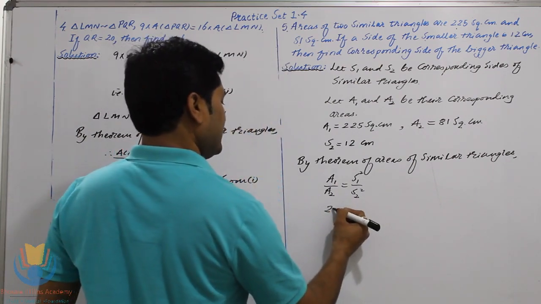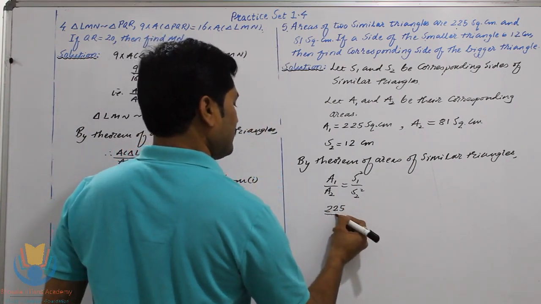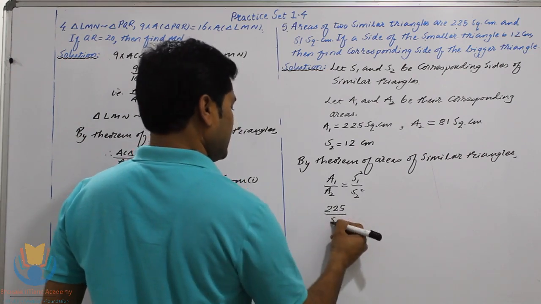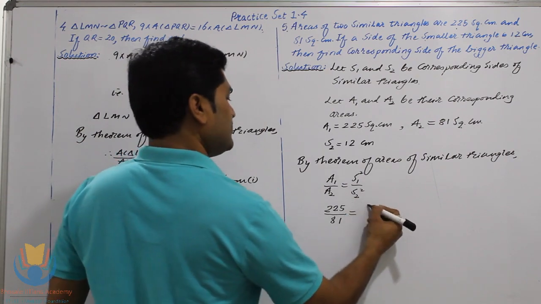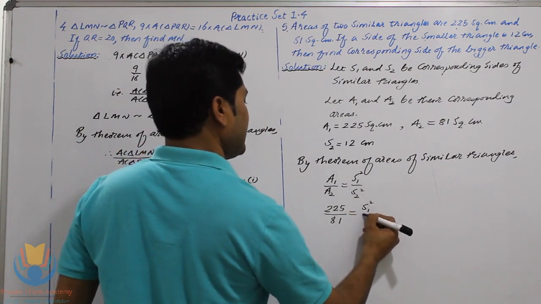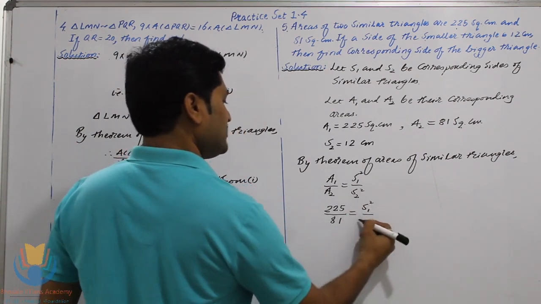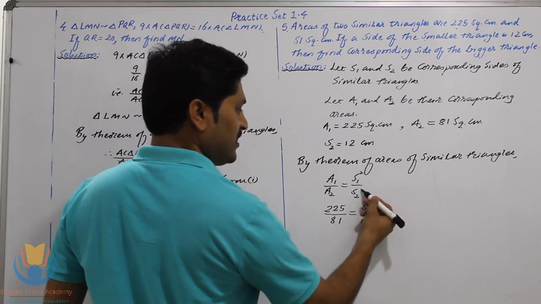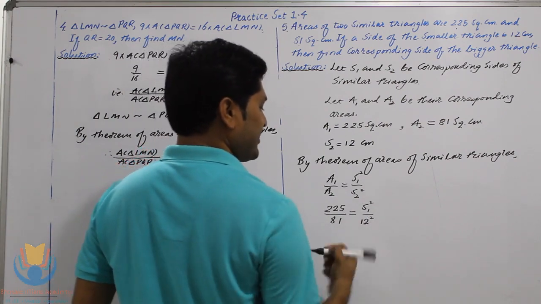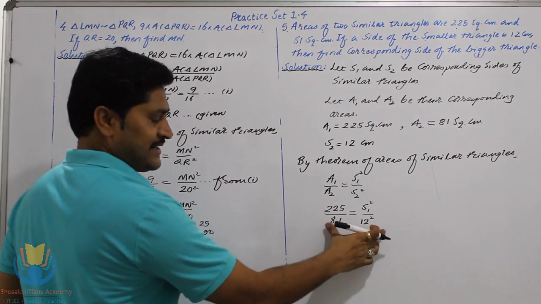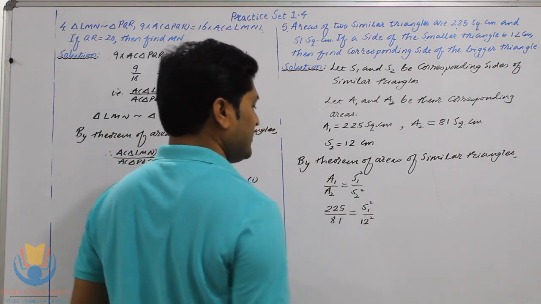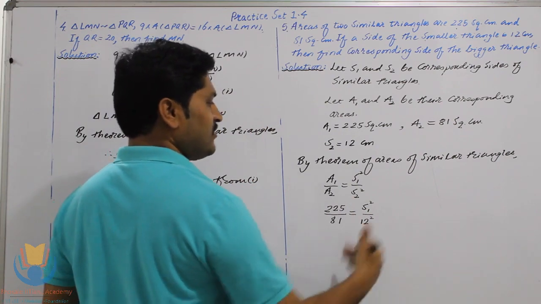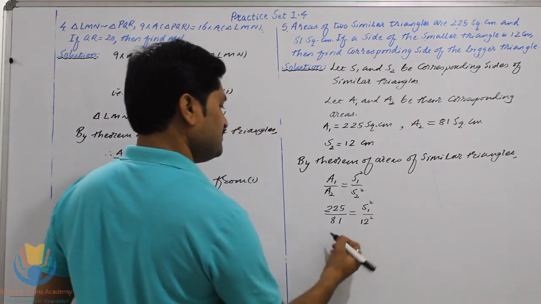Here A1 is 225, A2 is 81, and the value of S1 is not given, let it be as it is, and S2 is 12, and that 12 square we have to write. So again, as I told last time, either we can take square root of each side or we can continue. So first we will continue as it is, then I will tell how to do it by the other method.